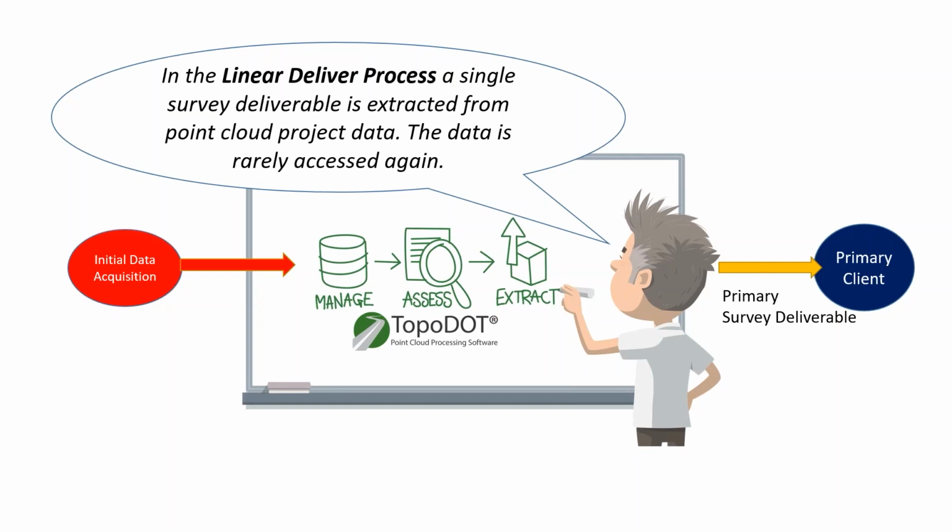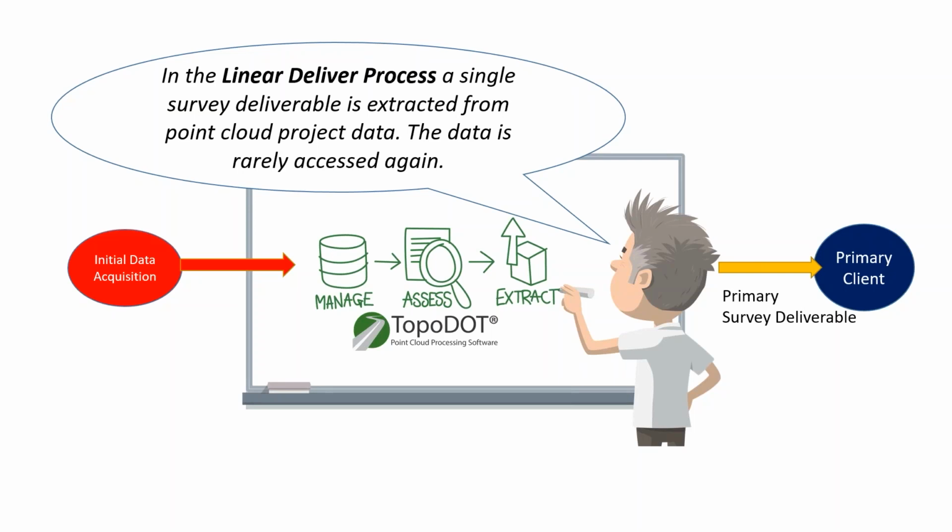Well, there's basically an initial data acquisition, and you move through to manage that. And this is the TopoDOT process, where you organize your data, you manage it, you store it where you'd like to, you assess its quality, and then you extract what you need, and you give that deliverable to a client, whomever that is. In this case, that's the downstream operation, wherever that downstream operation is.